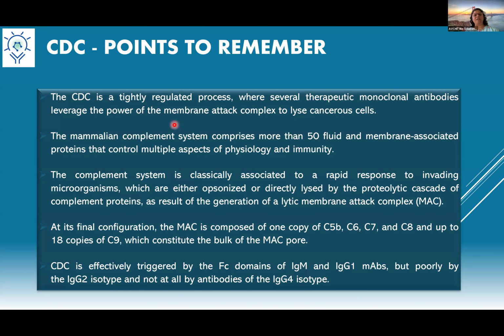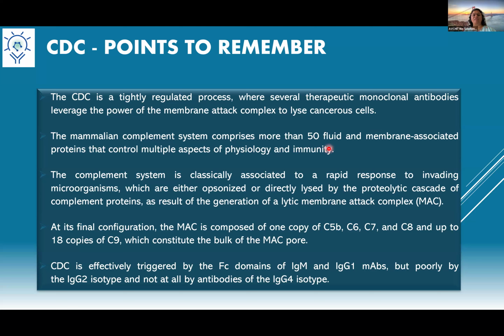CDC is a tightly regulated process where several therapeutic monoclonal antibodies leverage the power of the membrane attack complex to lyse the cancerous cell. As we have seen, there are a variety and n number of complement components present, so non-specific CDC has to be highly regulated, and this is regulated at different checkpoints.